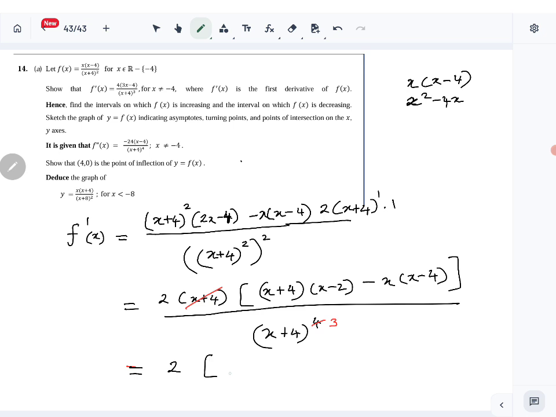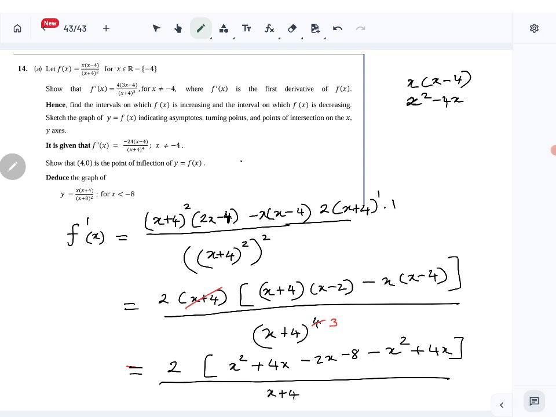Two is there, x squared, 4x, minus 2x minus 8 minus x squared plus 4x, whole thing over x plus 4 cubed. So this one cancels this one. 8x, 6x minus 8 inside.